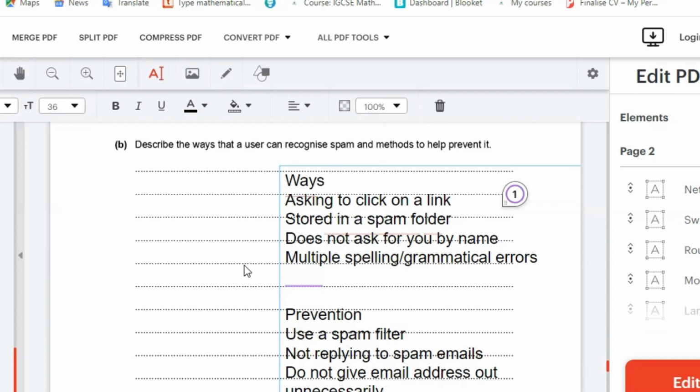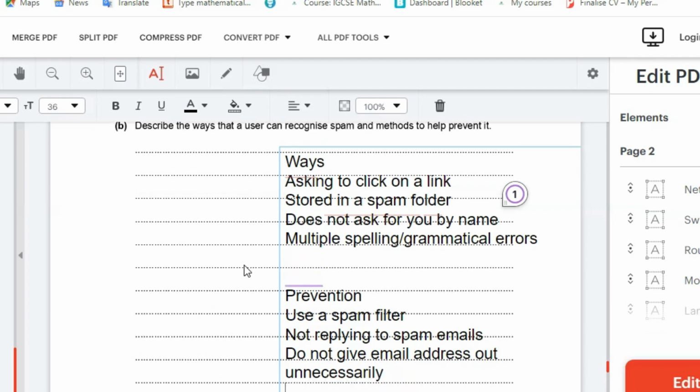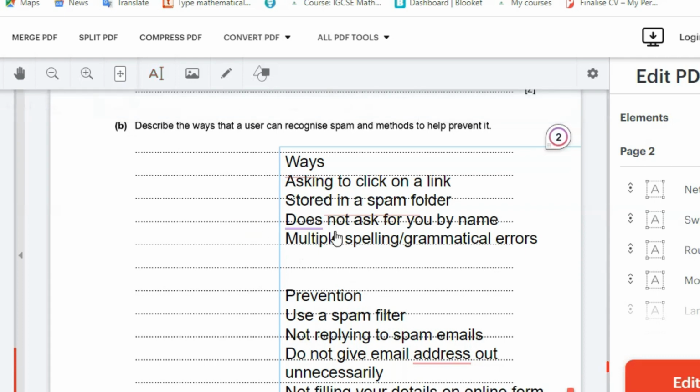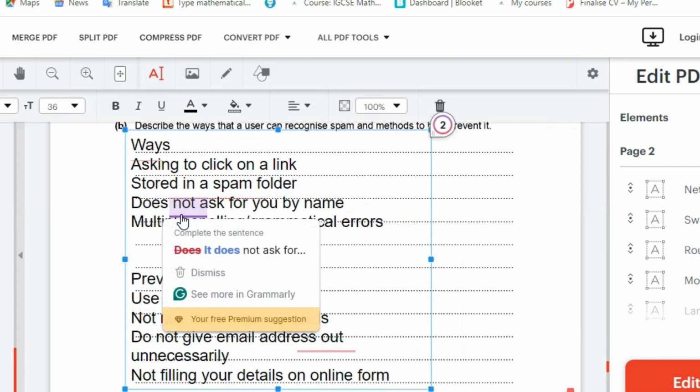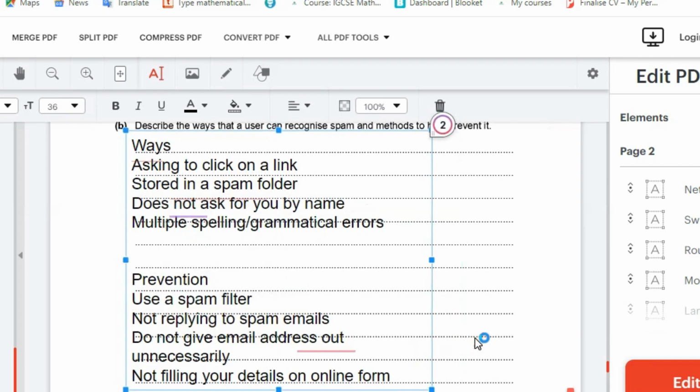Not filling your details on online forms, except when necessary. All right? So these are the ways by which you can recognize spam and ways of preventing it.